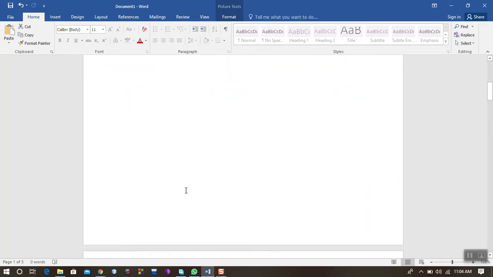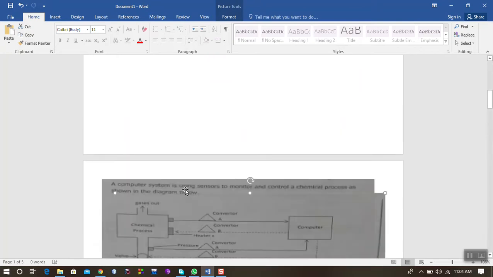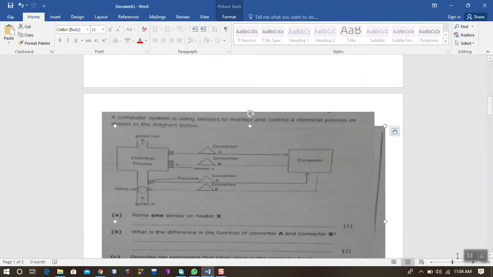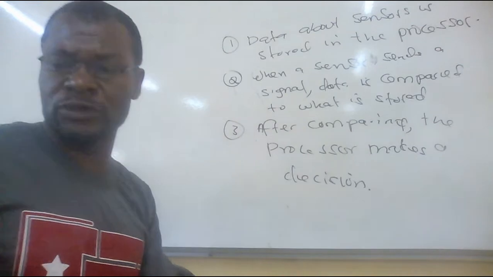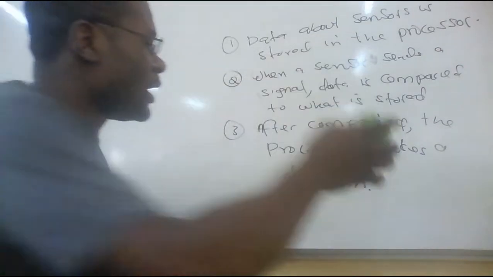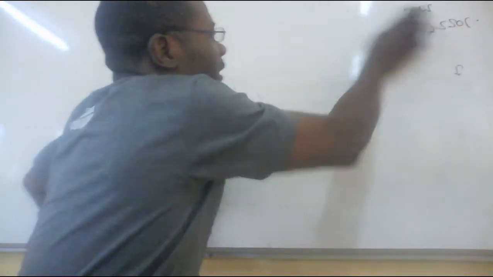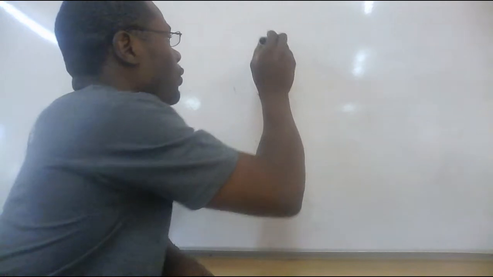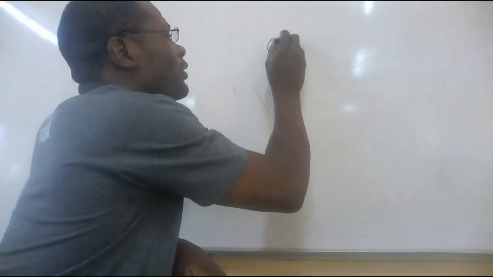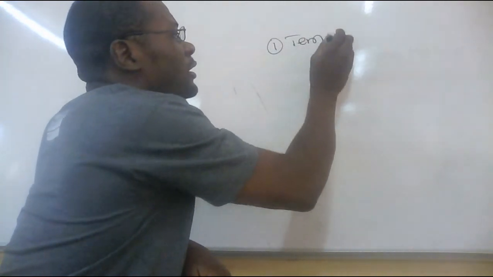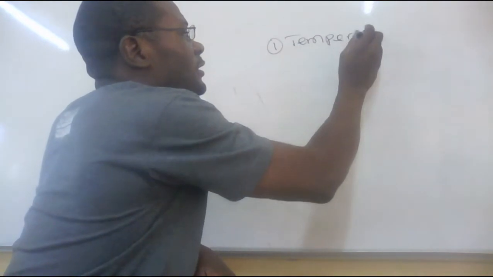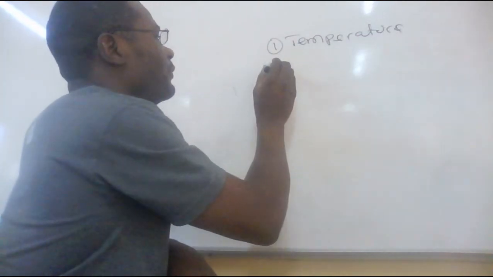So, before we look at this question possibly, let's try to mention some of the most common types of sensors that you come across in the life we live in. One, we can talk about the one I've been mentioning, the temperature sensor.